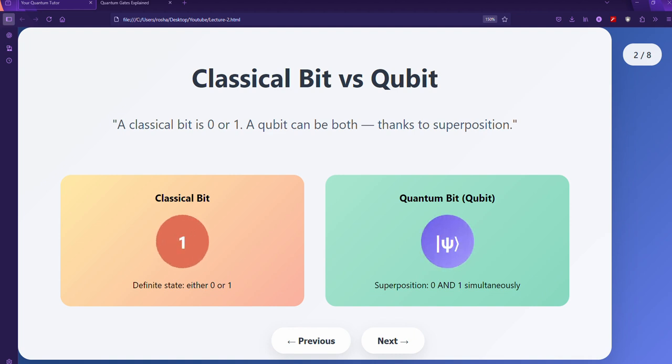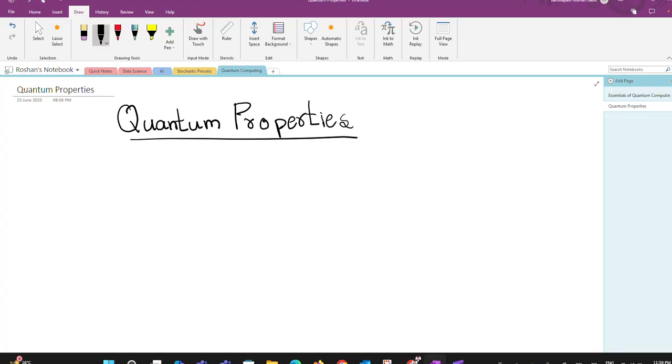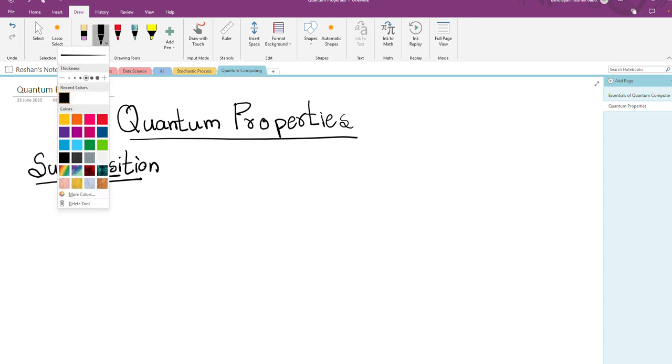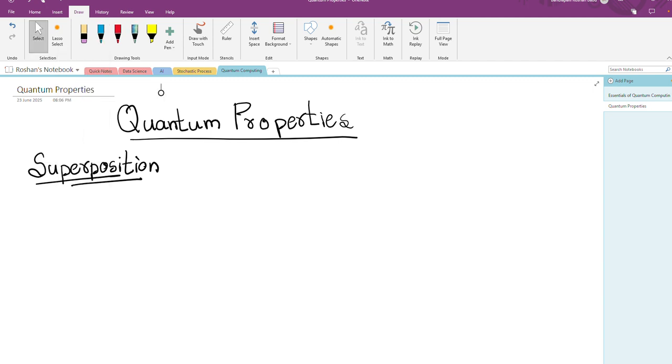That means first we'll understand superposition. So, what is superposition?